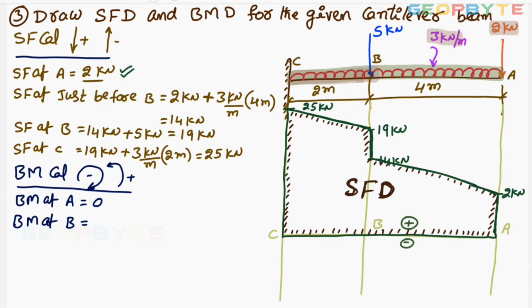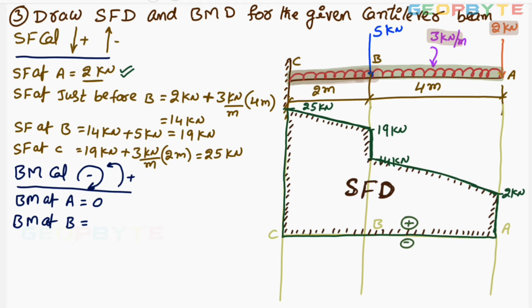Bending moment at B is like this. Because of the 2 kilonewtons point load, one moment is developed, equal to 2 multiplied by 4, that is, point load 2 kilonewtons multiplied by the distance up to B. Is that 2 into 4 meters giving a clockwise or anti-clockwise moment?